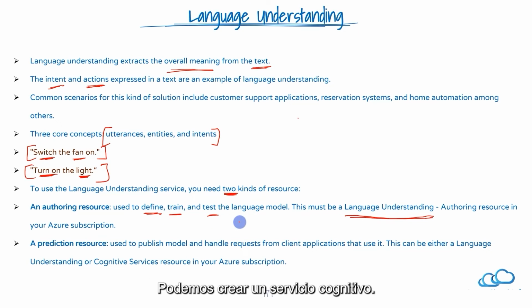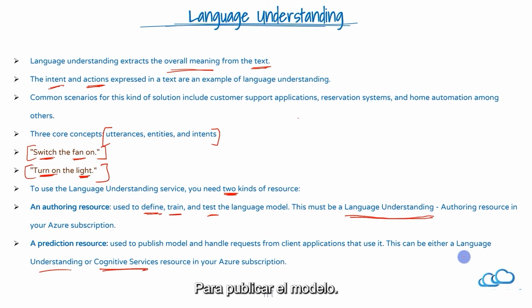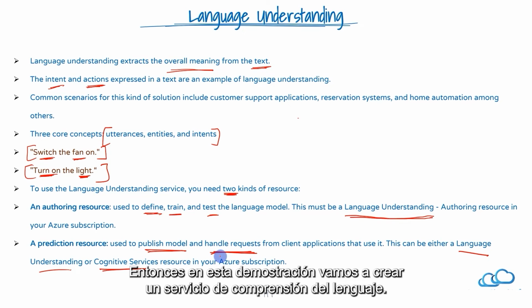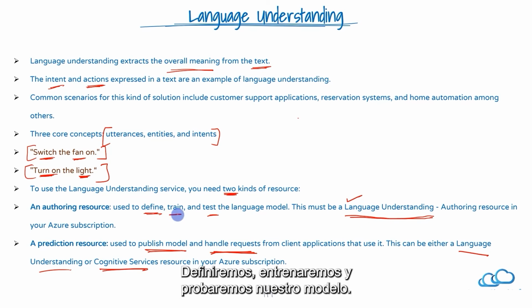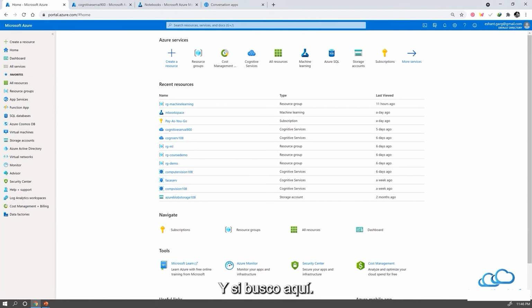Once we have this, we can either create a cognitive service, or keep using the language understanding service to publish the model and handle requests. In this demo, we will create a language understanding service, define, train, and test our model, and then finally use an existing cognitive service with the model we published. So let me switch back to my portal.